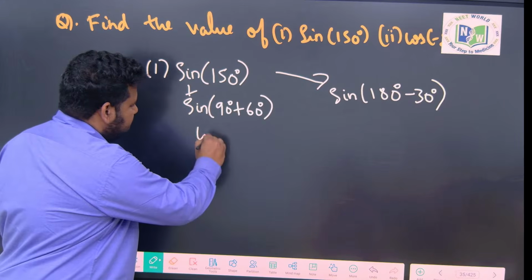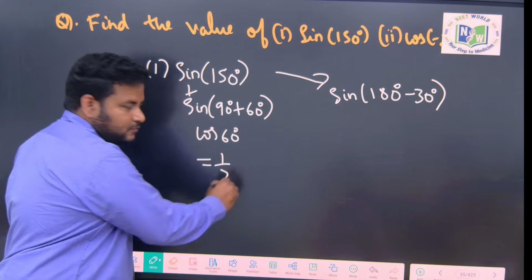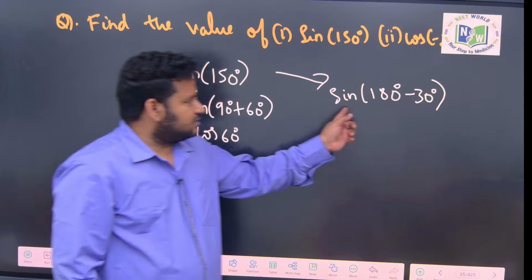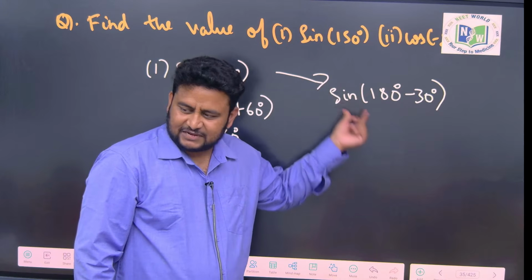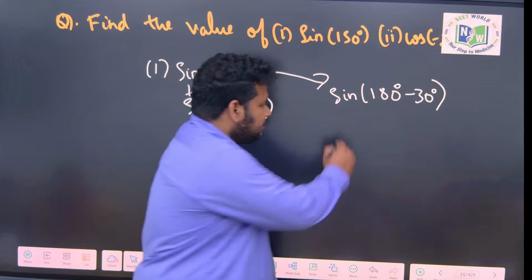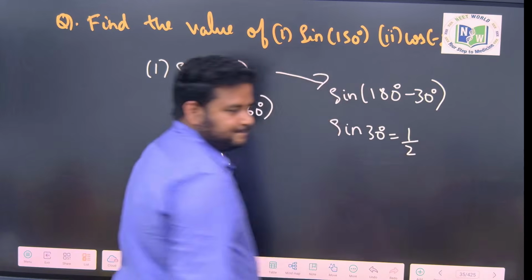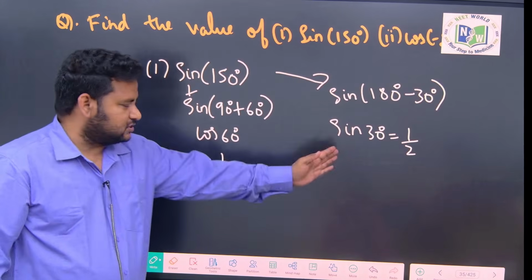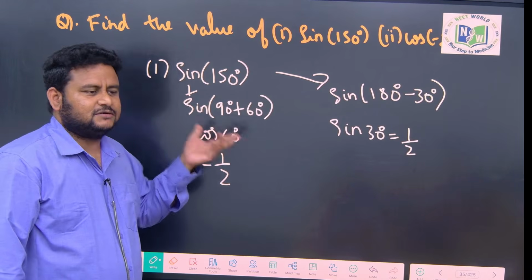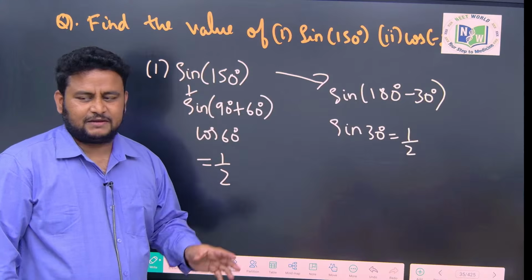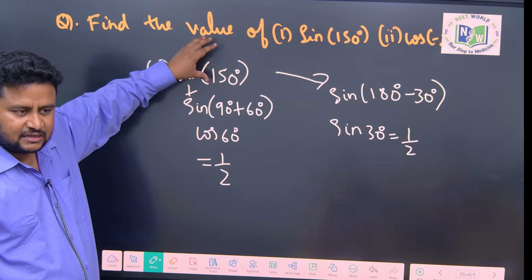So this will become cos 60, which is 1 by 2, a positive value. Now sin 180 minus theta: is 180 an even or odd multiple? Even, so sin will remain the same. So sin 30, which is 1 by 2. Here we got 1 by 2, and here also 1 by 2. Either way you can do it, but remember, an even multiple means sin remains sin, and an odd multiple means it changes to its complementary function.